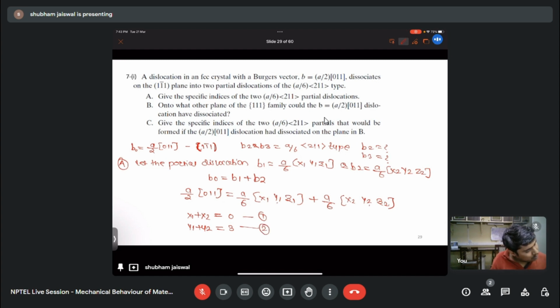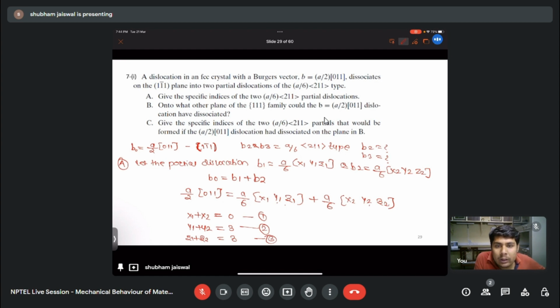Similarly, z1 plus z2 equal to a by 2, meaning a by 6 z1 plus a by 6 z2 equal to a by 2, so z1 plus z2 equals 3. So we got these three equations. Is it clear? Till this point, if anyone has doubt, please ask.